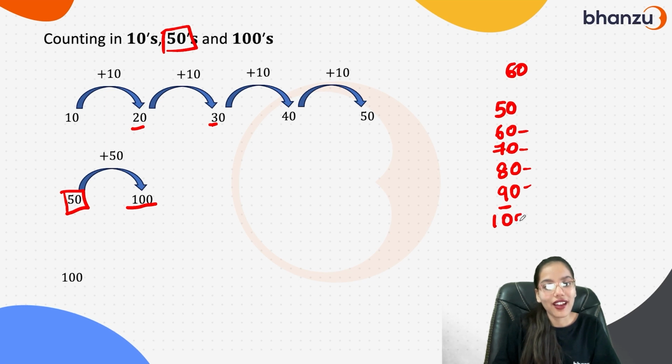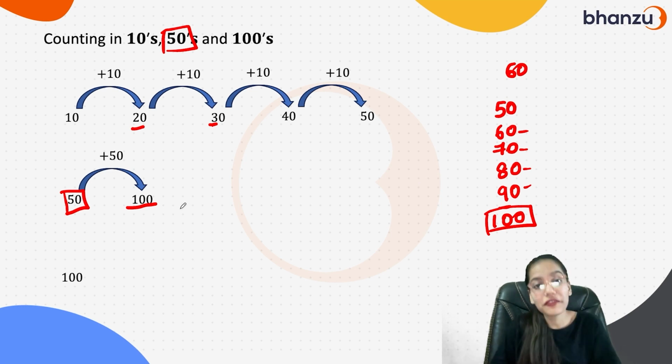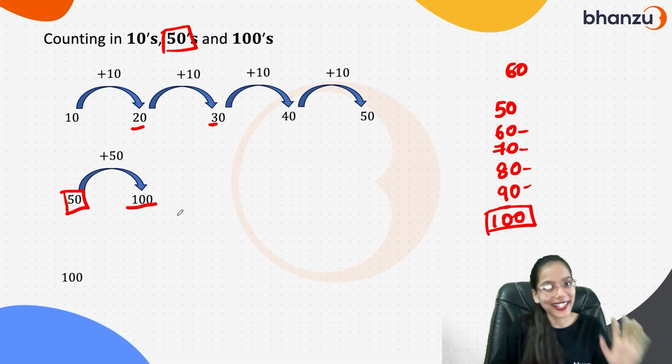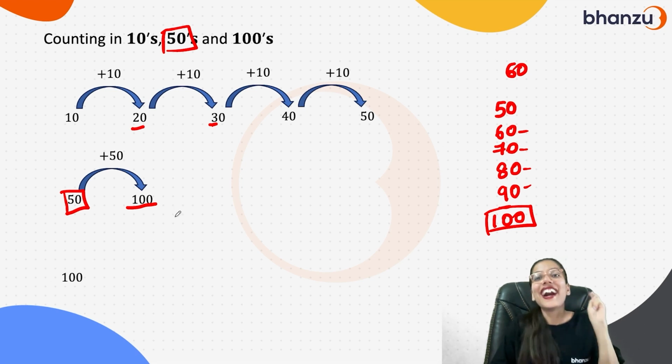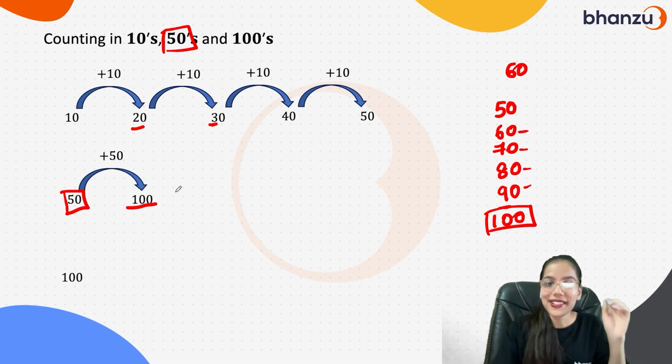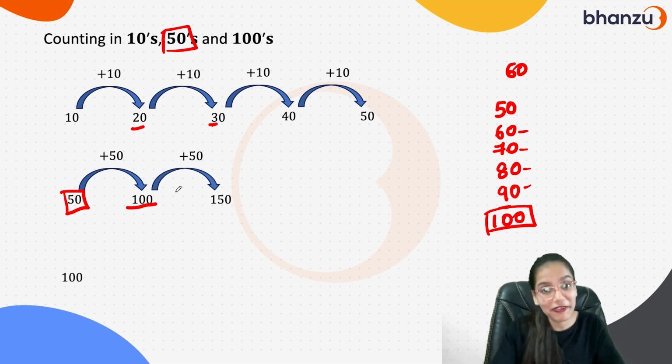So we get 100. Did you understand this? Amazing. From 100, if you have to add 50 more, you have to count in tens 5 times. Correct? Let's do that. 110, 120, 130, 140, 150. Correct? So the next number is 150.